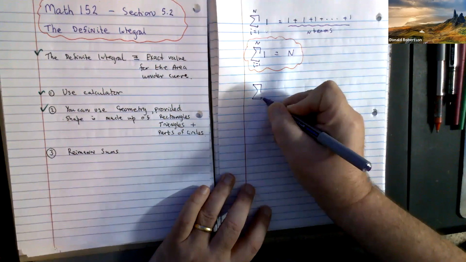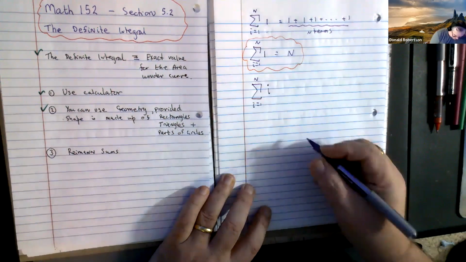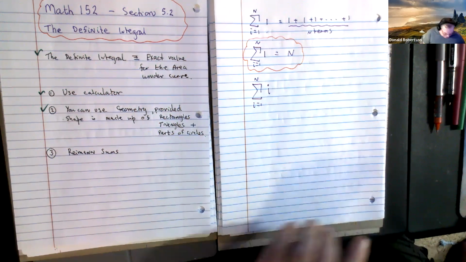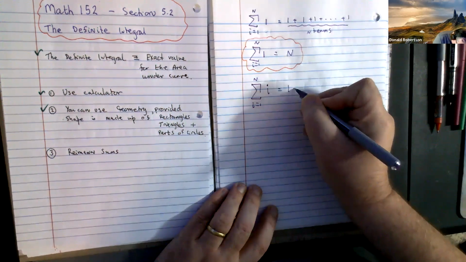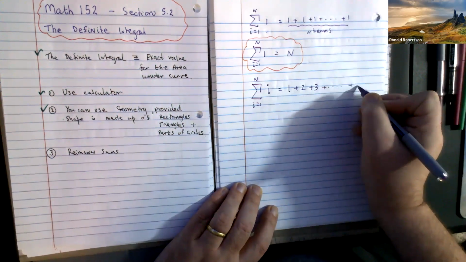The next one is i equals 1 to n of i. So n is some arbitrary number that you're going to stop at, right? n could be 20, it could be 20 million, right? Just n, it's a stopping point. So this would be 1 plus 2 plus 3, and you'd finish at n.